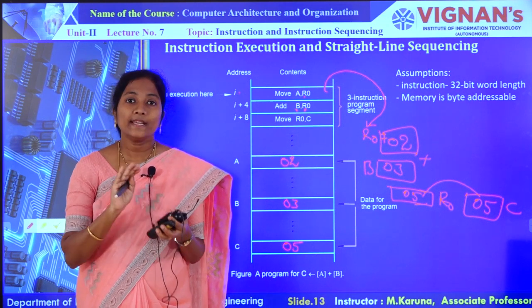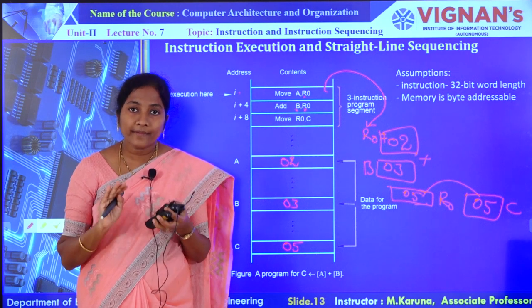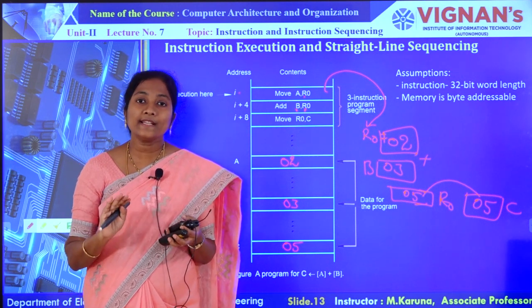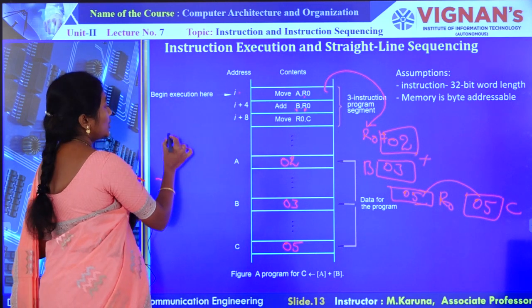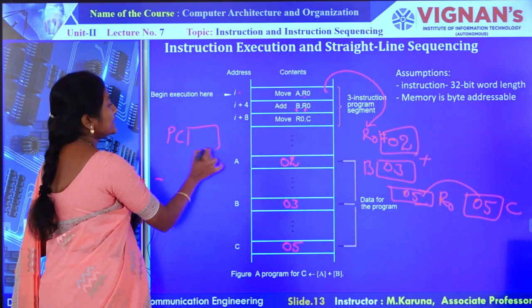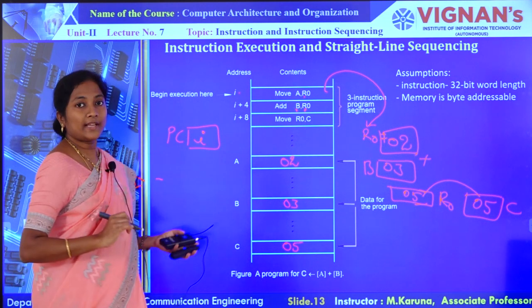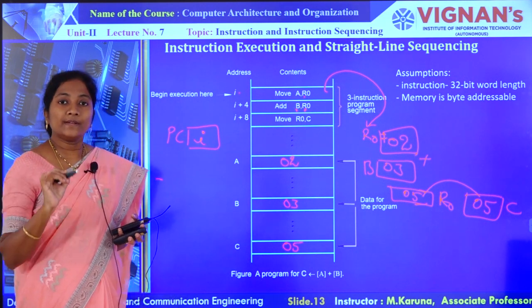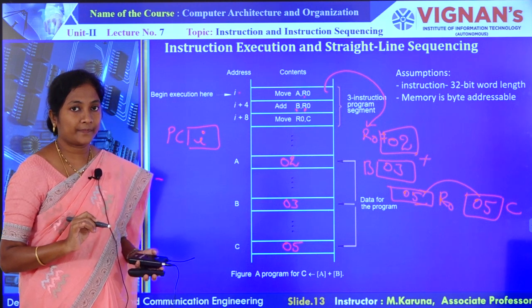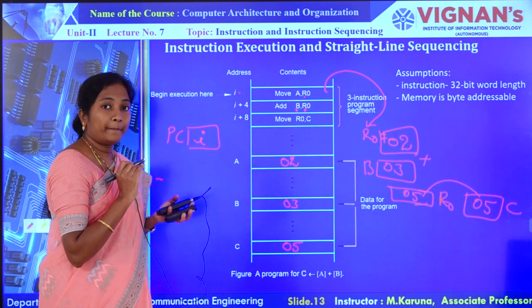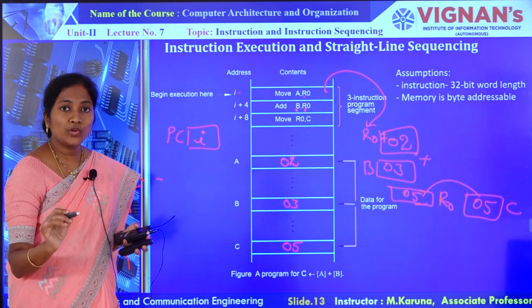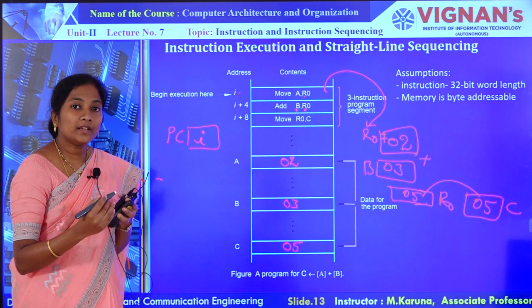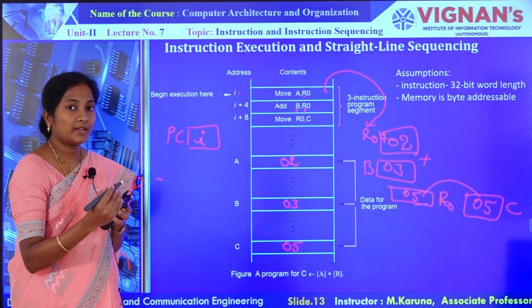In this case, initially program counter is initialized with starting address, that is I. So, PC contains initially address of the starting instruction. Now, with the help of this address, processor control unit fetches the instruction.